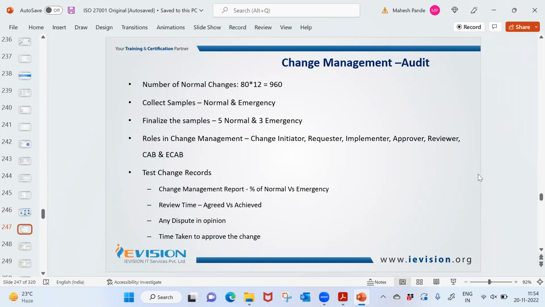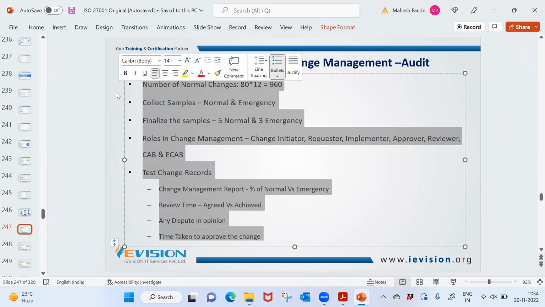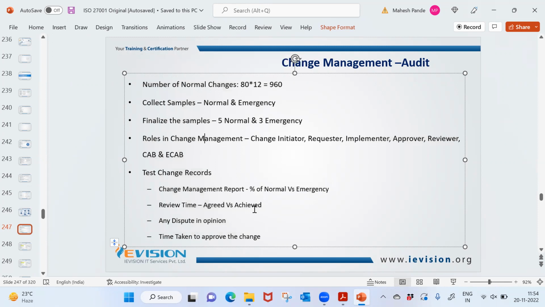If you are working with a certification body, this is available with them in general, what to test. But if you do not know the subject, what to test, it will become a challenge. I hope everyone is clear.